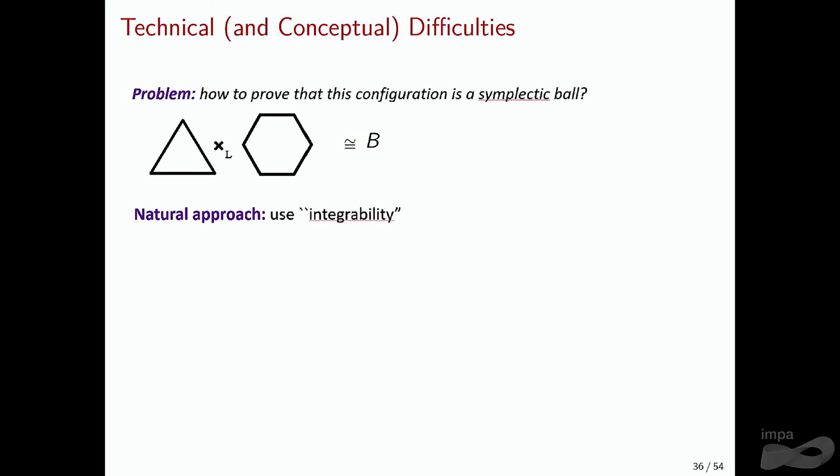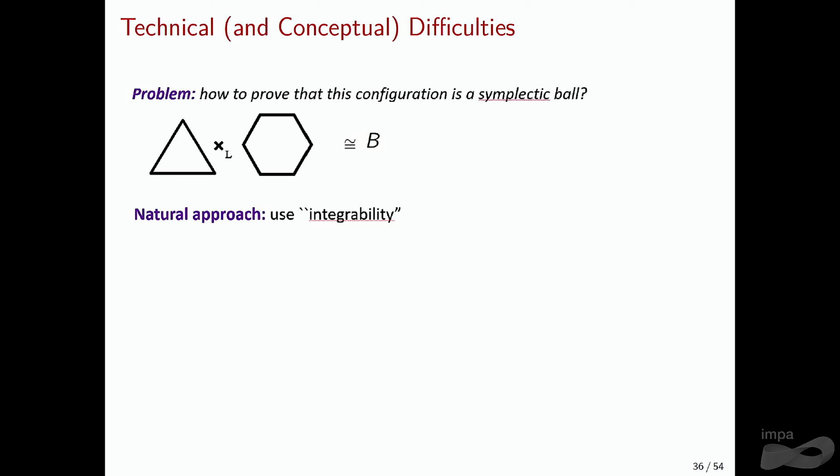But let me comment about this. It seems natural to use integrability somehow to show that this is actually a symplectic ball. But as far as I know, the first time that this approach was implemented in this type of question is a work by Vinicius, where he studied the usual Euclidean billiard inside the disk.